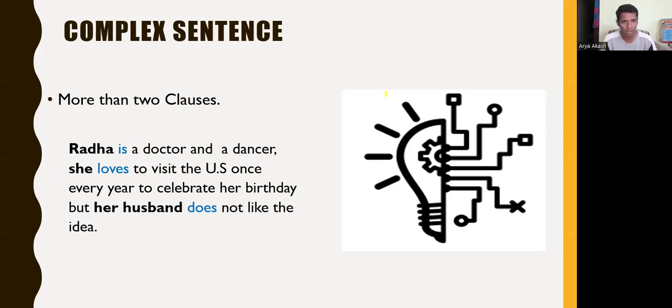I hope you got the basics of forming sentences, and I'm 100% sure that this is an eye opener for you, or at least it made you understand the basics and the fundamentals of forming sentences.